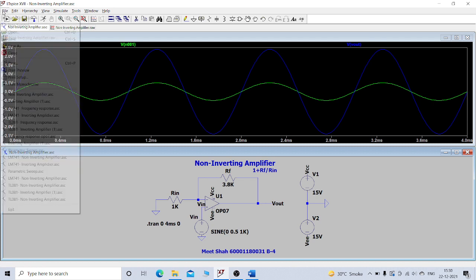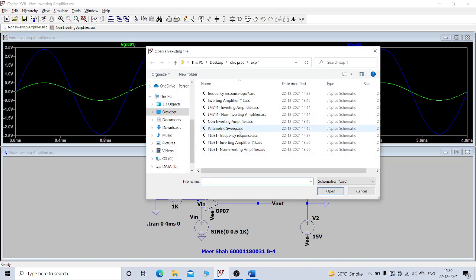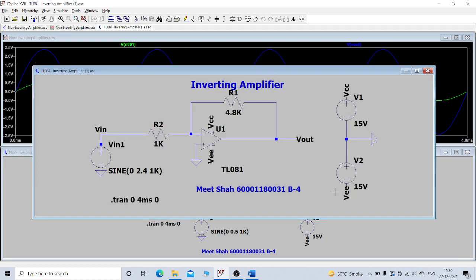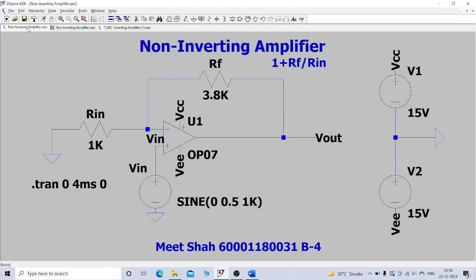Now we'll go to the TL081 inverting amplifier. So here we have opened TL081. We'll close the non-inverting one.